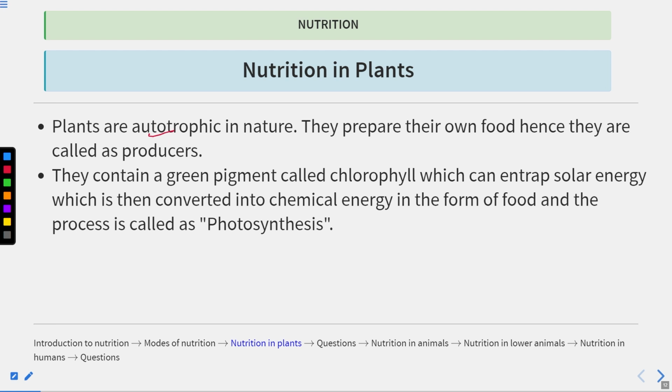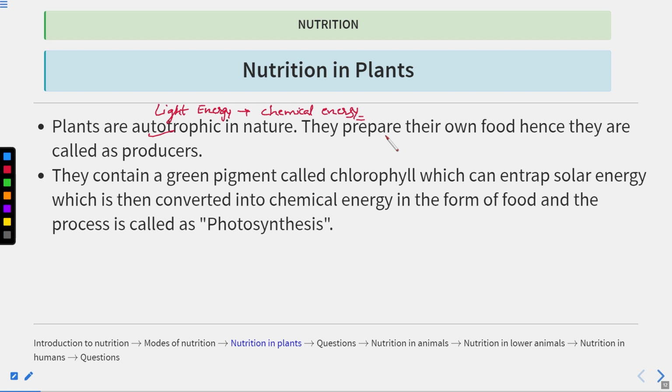They can synthesize their own food by the process of photosynthesis, and they can convert the light energy into chemical energy. They convert light energy into what? Chemical energy. And this chemical energy is further converted into carbohydrates and all.